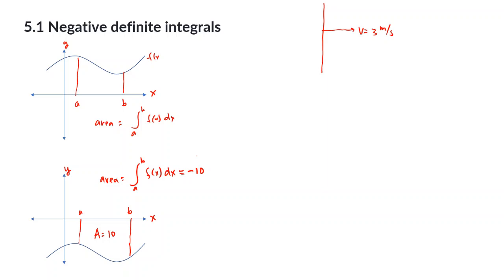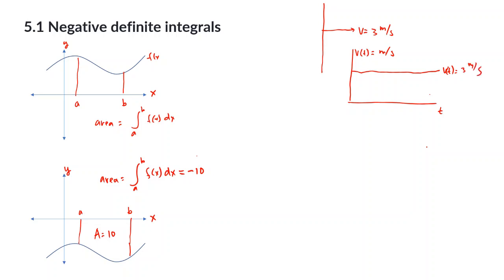We then have a curve, this is t and this is v(t) in meter per second, with v(t) equal to 3 meter per second.